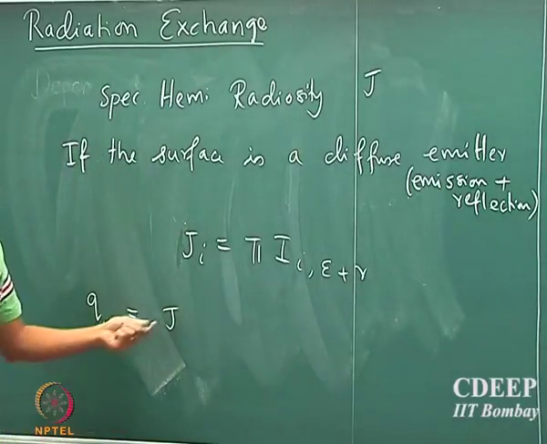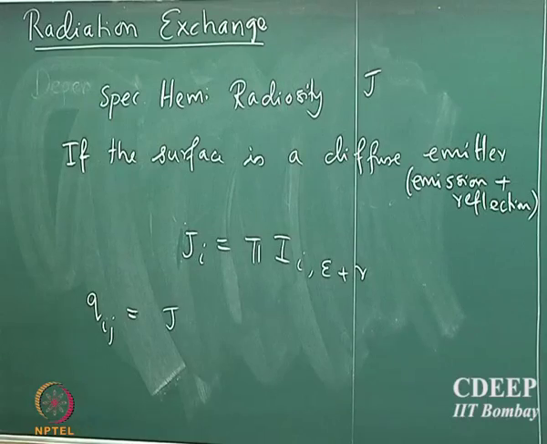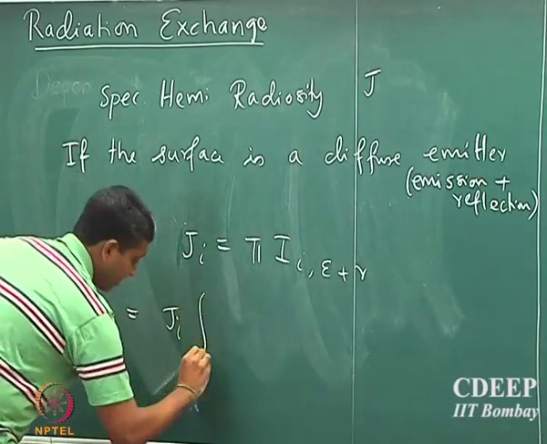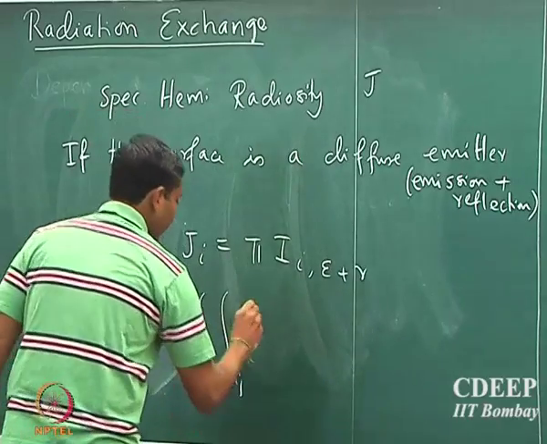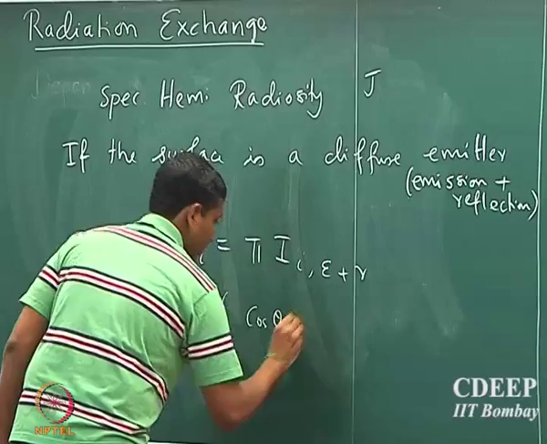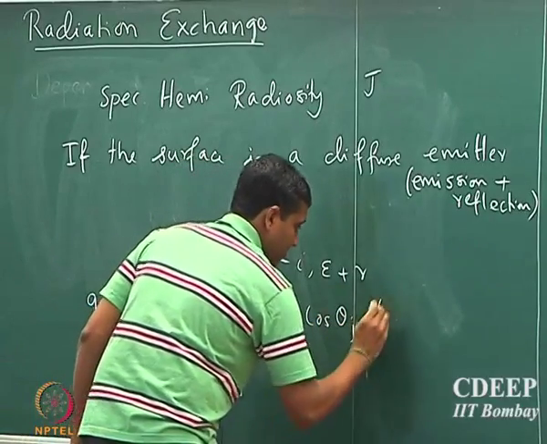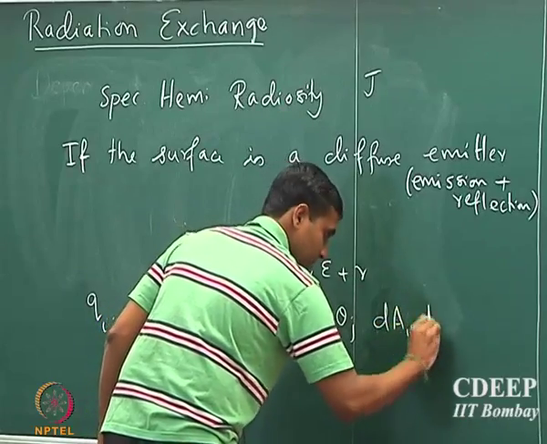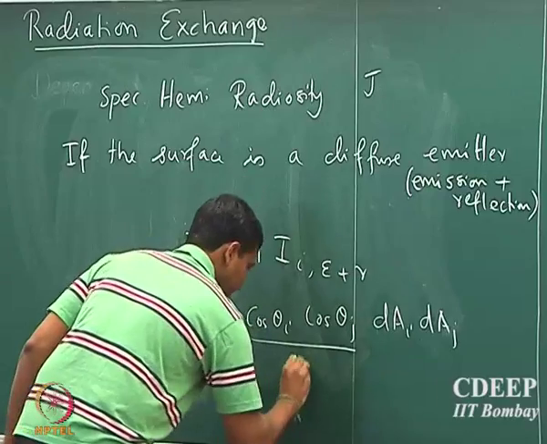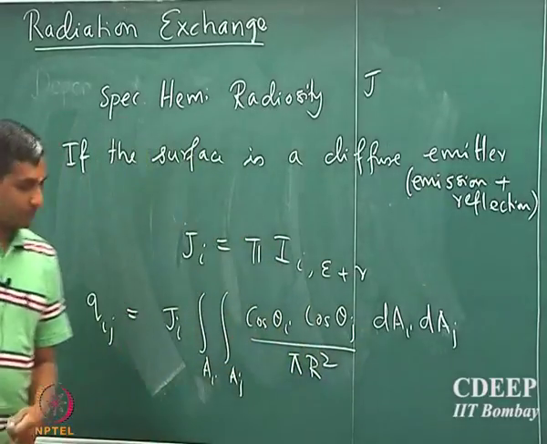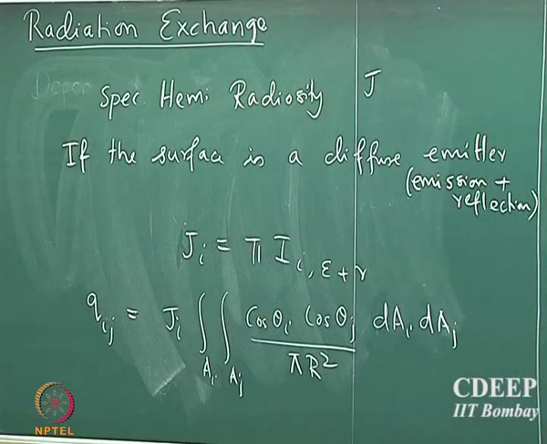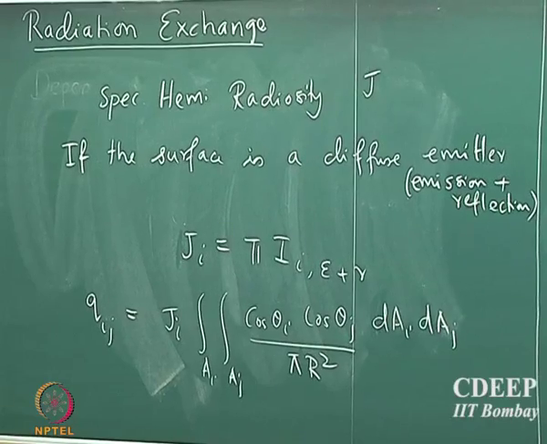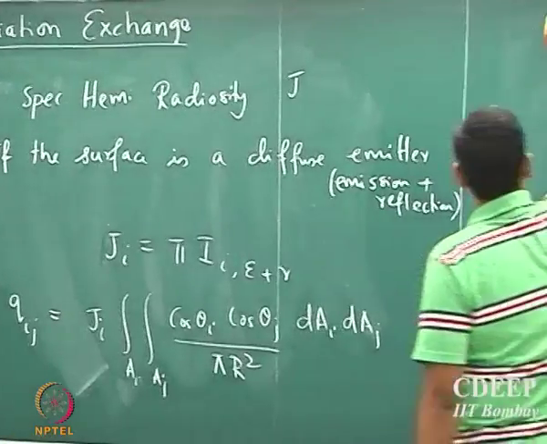Note that it is diffuse, which means it is not a function of the angular position, and so it will be Ji, integral over Ai, integral over Aj, of cos theta i cos theta j dAi dAj divided by pi r squared.